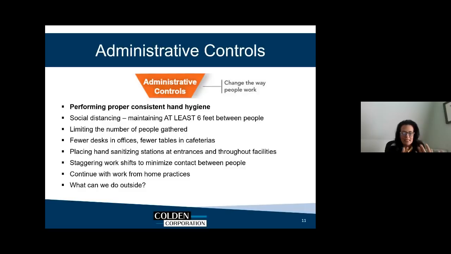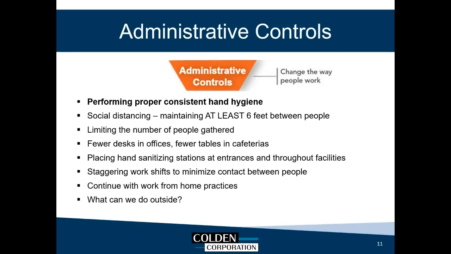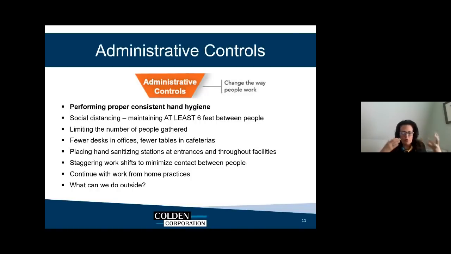And human behavior is a funny thing, right? So things that fall into administrative controls, I think everybody's heard a lot about them, but really brainstorming and involving employees in the process of coming up with a list of administrative controls that are going to work for you is going to be really important.